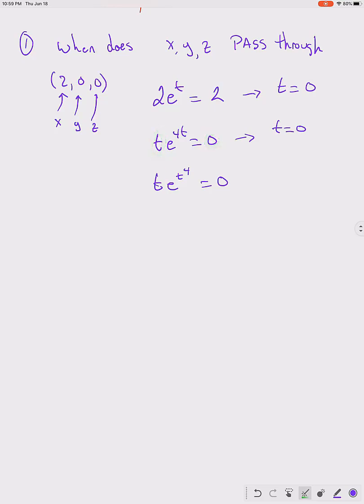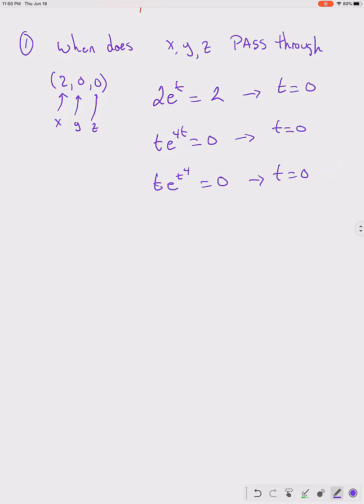Same idea with the last one. t equals 0 is fine, but e to the t to the fourth could also be equal to 0, but that is impossible. This can never actually be equal to 0. So clearly we're talking about when t is equal to 0.